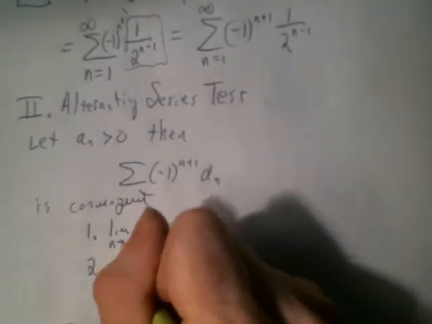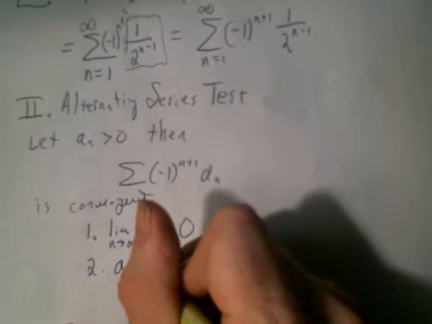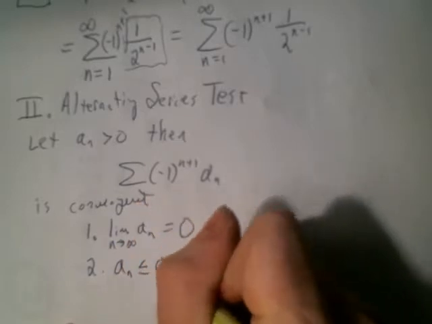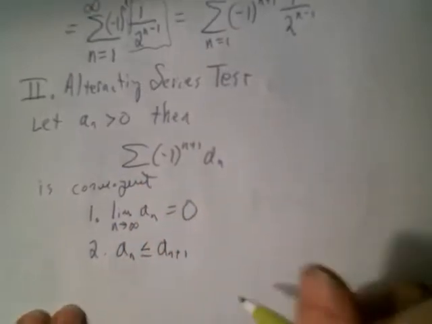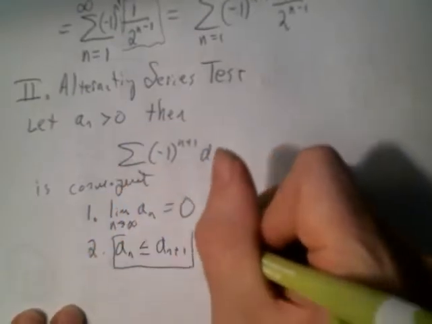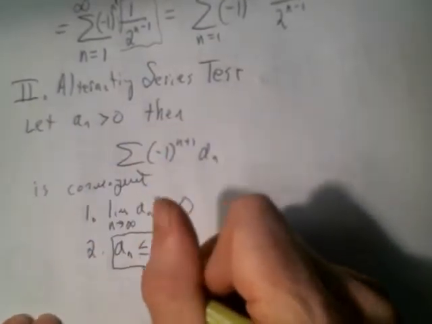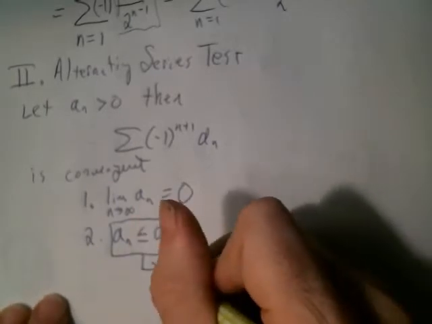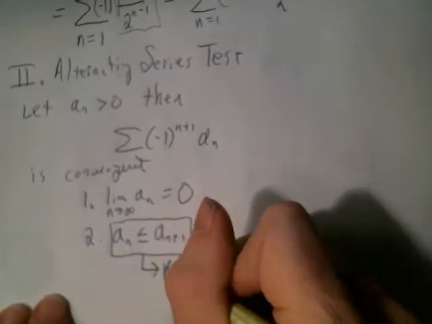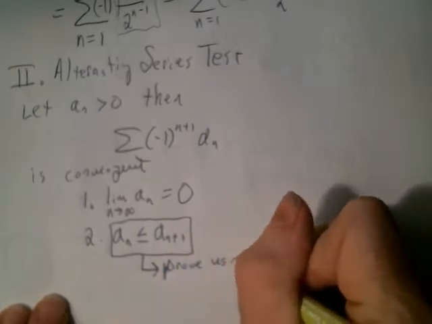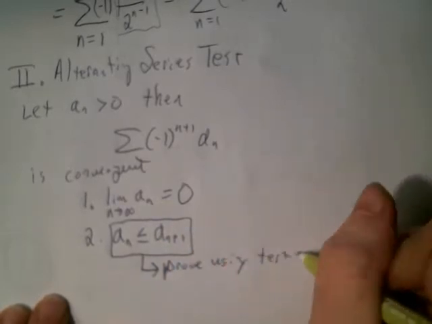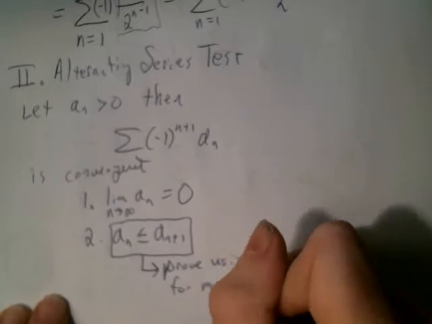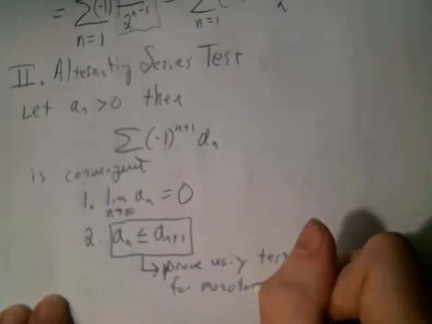So you have to prove that a sub n is less than or equal to a sub n plus 1. To prove these, we use the monotonicity tests that I showed you in 9.1 in the previous lecture.